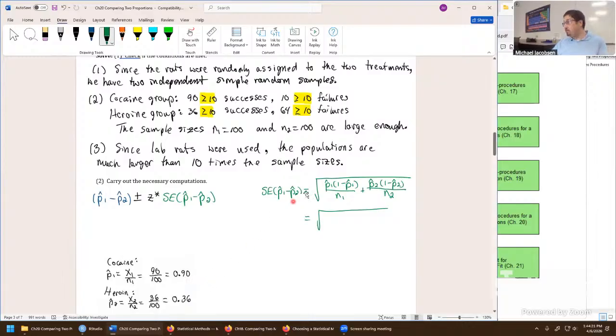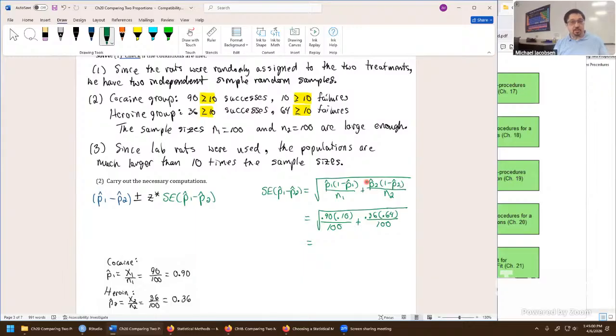So dropping in the 0.90 first over here, we get 0.90 times 1 minus 0.90, which is 0.10. Sample size n1 was 100 for both groups, but we can also read it off from the denominators, since we didn't reduce a fraction. Then do it again for p hat 2, take the 0.36 and plug it into these spots. So 0.36 times 1 minus 0.36 is 0.64. And then divide by 100 again.